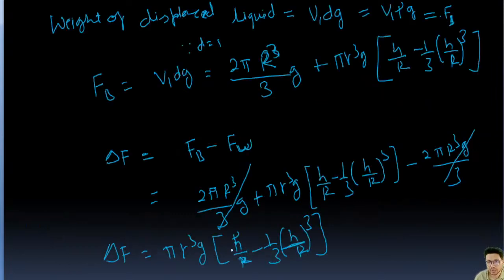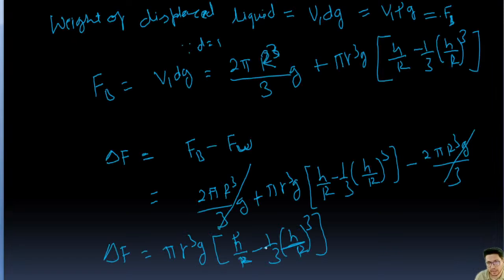We can write ΔF is proportional to πr³ g, which is constant, times h upon r minus 1/3 (h/r)³.